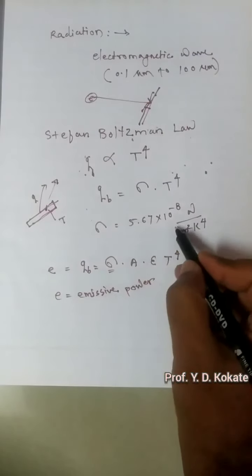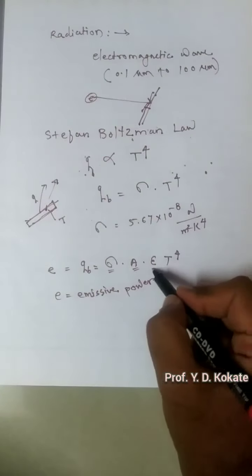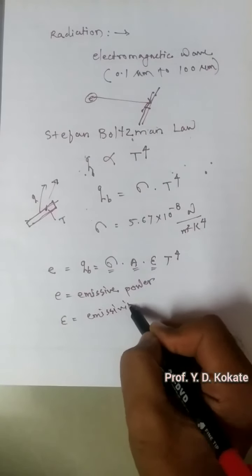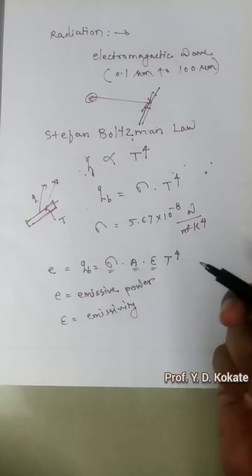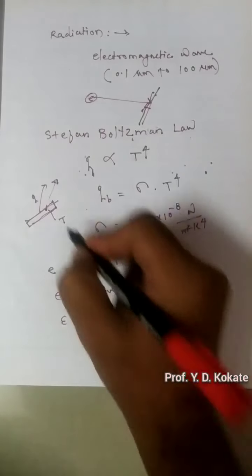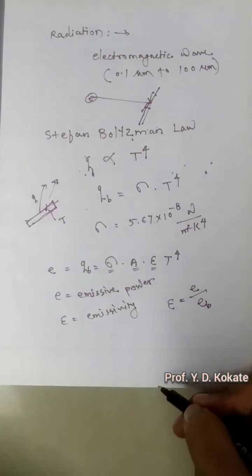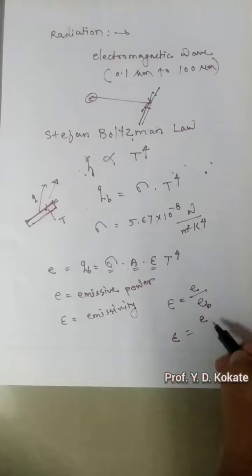Then the next term, the Stefan-Boltzmann constant, is already explained. Area is the area of the surface which can dissipate the heat. Epsilon is the emissivity. Emissivity we can define, for a particular surface, as the emissive power of this surface divided by the emissive power of a black surface. If it is a perfectly black surface, then it becomes the emissive power of this surface, which is already black, divided by the emissive power of the black surface at the same temperature.